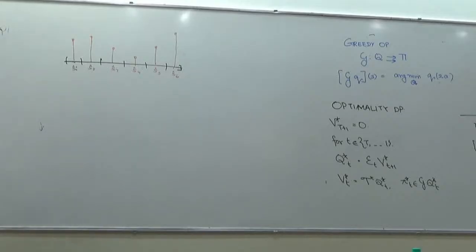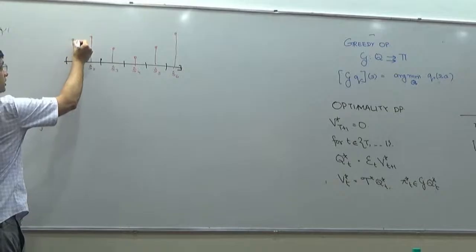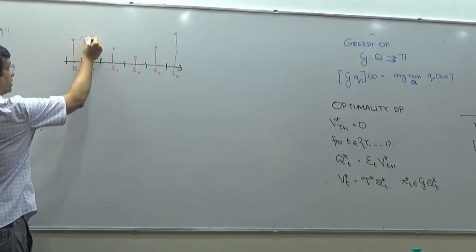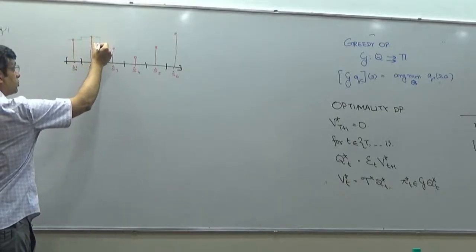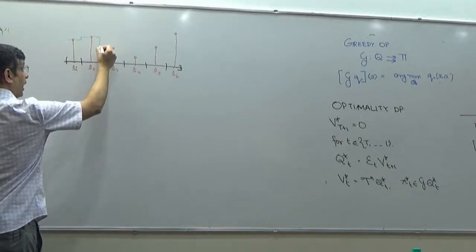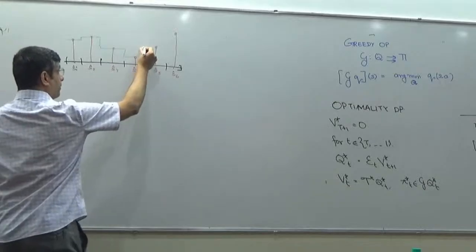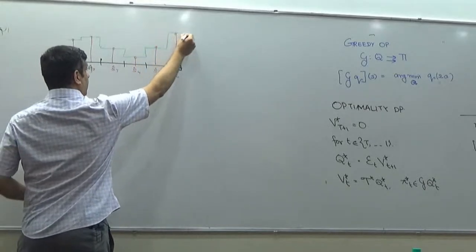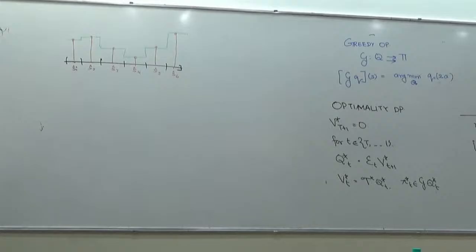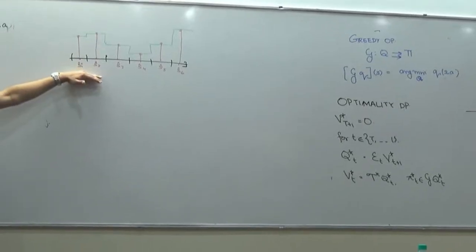I'm going to draw these piecewise constant values in each one of these bins, and I'm going to claim this is my approximation of the true value function.